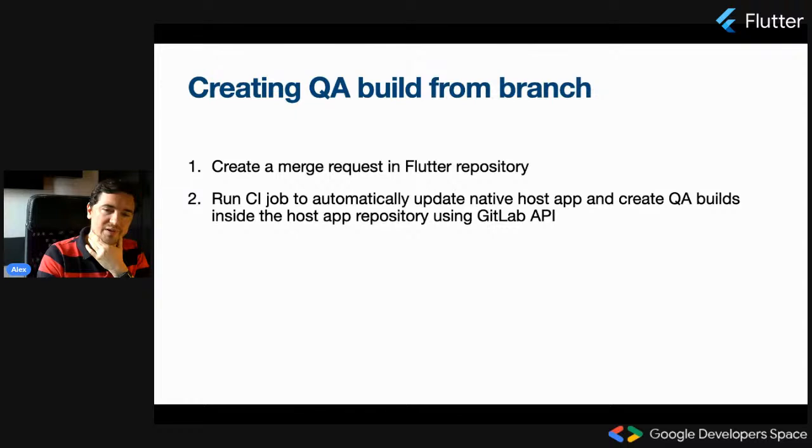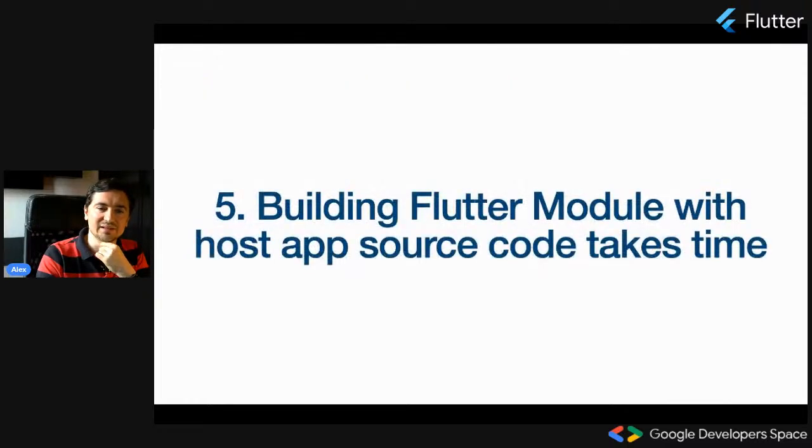So the next problem that we faced was, given that especially the Grab Super app has a large legacy code of more than 2 million lines of code, and adding new features is going on constantly, and we have to build the application from source code from scratch, you need at least, depending on your machine, 20 minutes, maybe more.